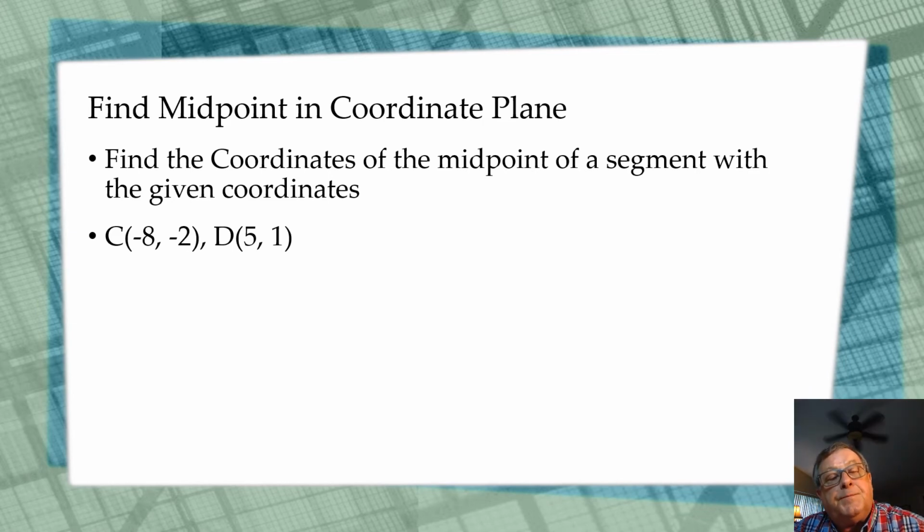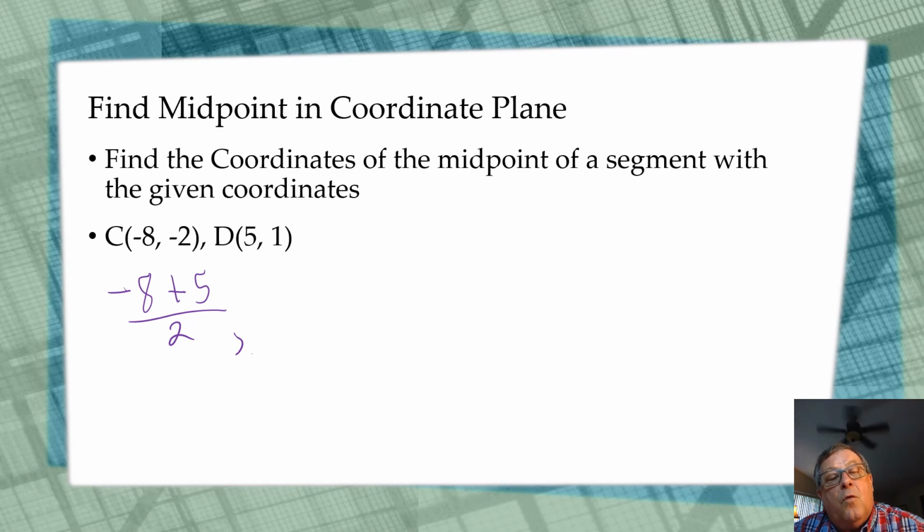So let's begin. We're going to take -8 plus 5 over 2. That's going to be our x coordinate for the midpoint.